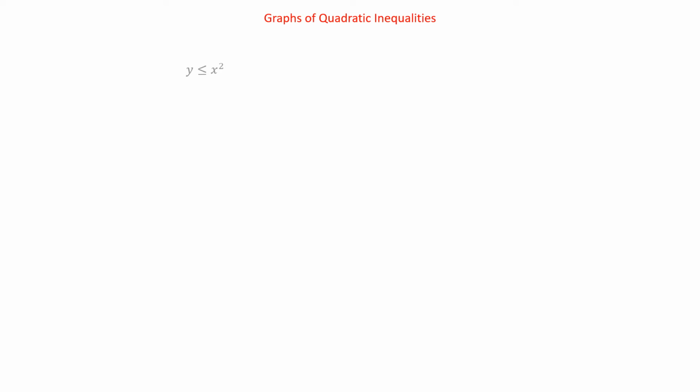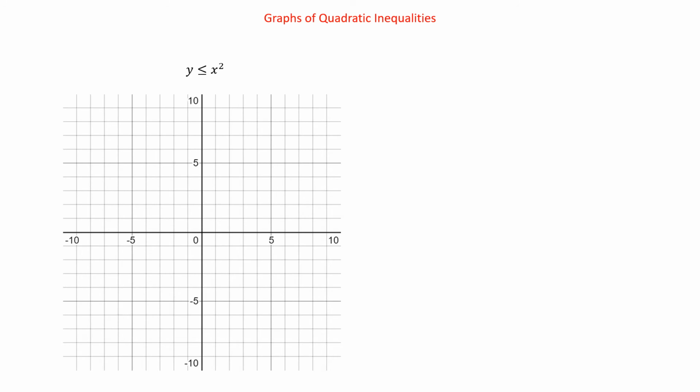What about quadratics? If we have y is less than or equal to x squared, we're going to graph the x squared, and it's or equal to, so we'll do it in a solid fashion. So we have 0, 0, 1, 1, negative 1, 1, 2, 4, 3, 9, negative 3, 9, solid.